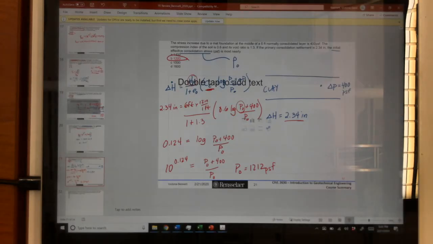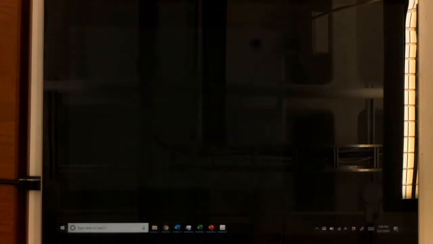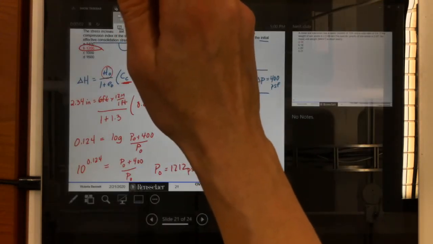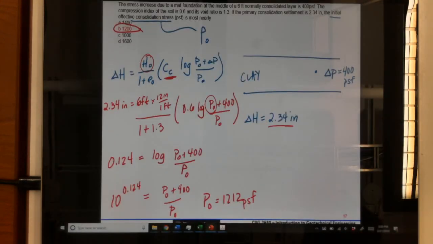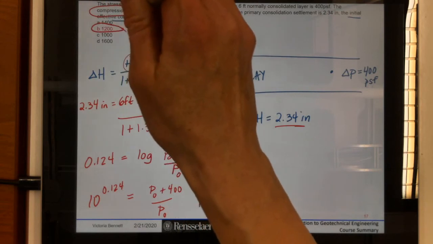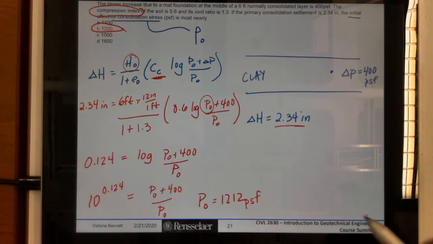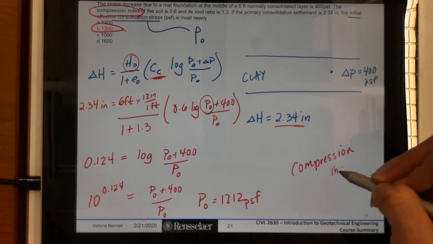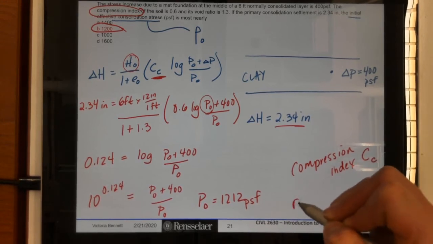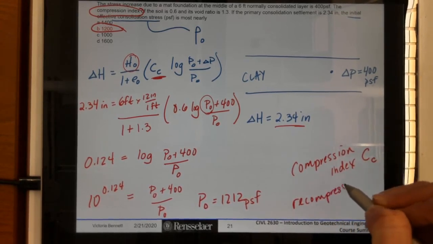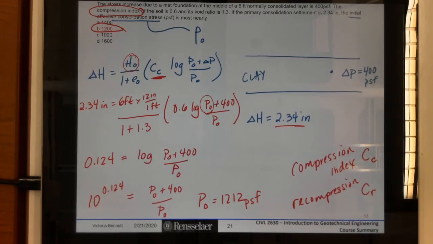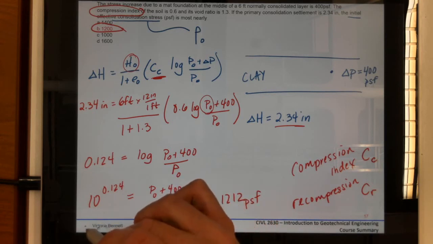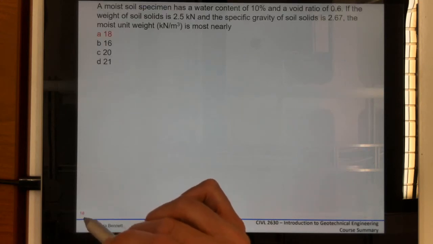The stress increase at a particular consolidating layer, but they give you compression index, not recompression index. And so compression index is that C sub C, recompression index is C sub R. If they gave you both, then okay, you have to make a decision and go back again to that handout or the reference manual to be able to say which one do I want to use, but I think they're probably going to give it more like this one.